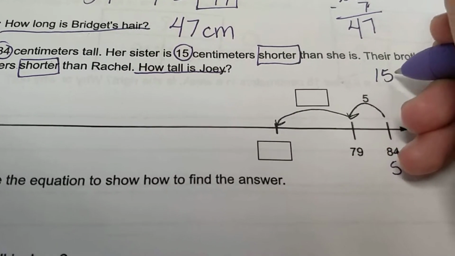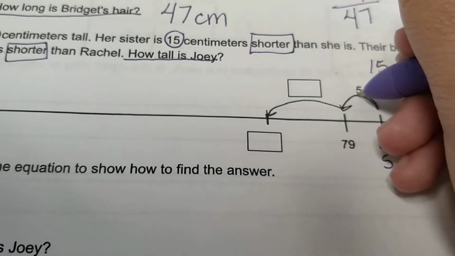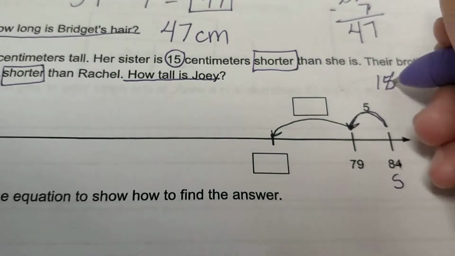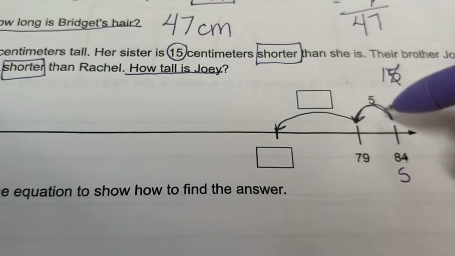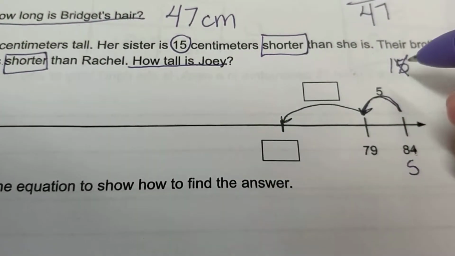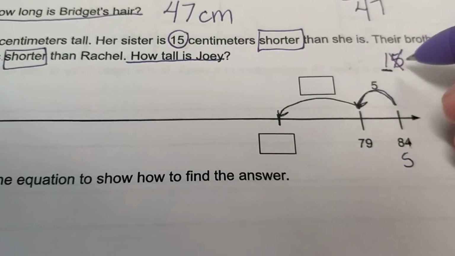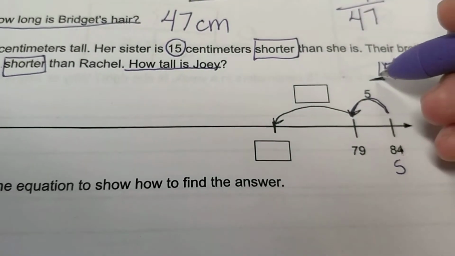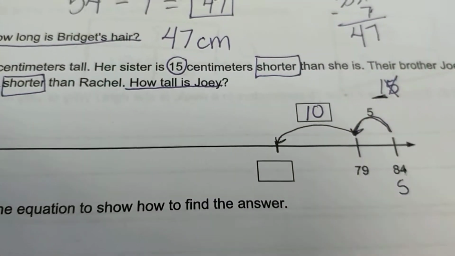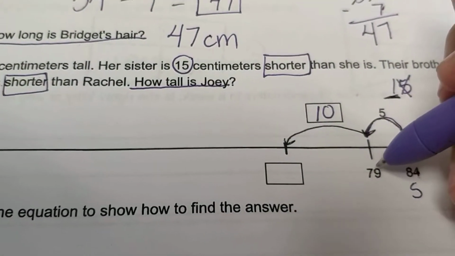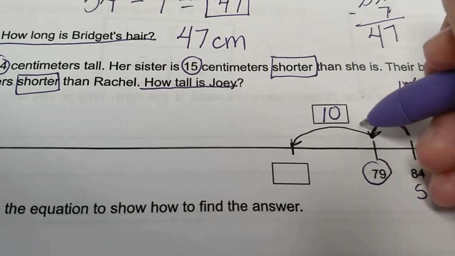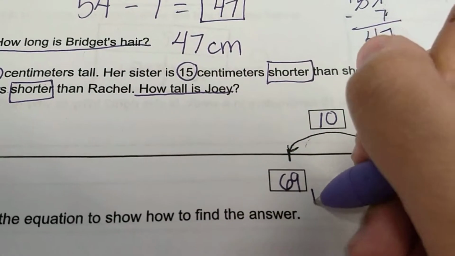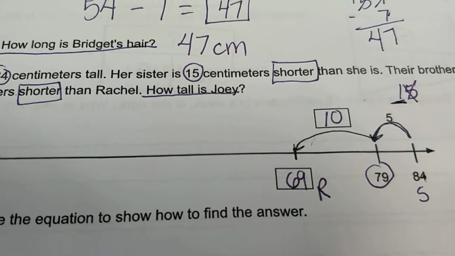If I have the number 15 right here, I can see that they went back by 5 already, so I don't need to use this 5 anymore. But I do see they did another jump. They didn't finish jumping 15, so they have 1 ten right here. So we're going to jump 10 here. 79, go back 10, is 69. So that's how I figure out how tall Rachel is.